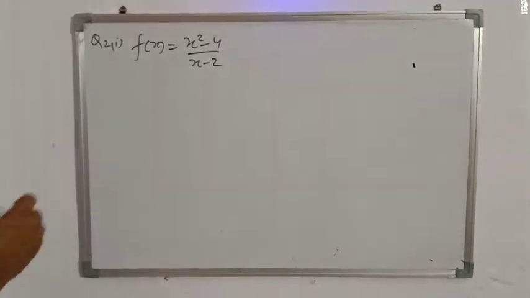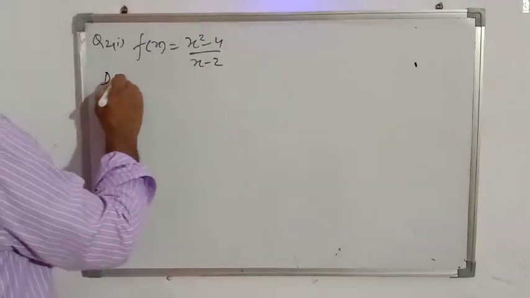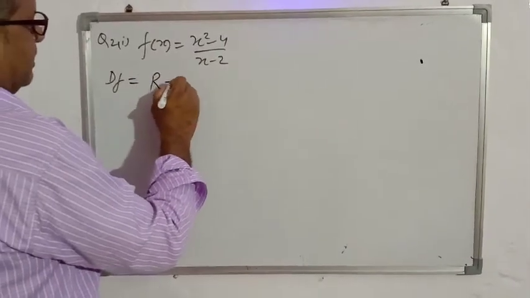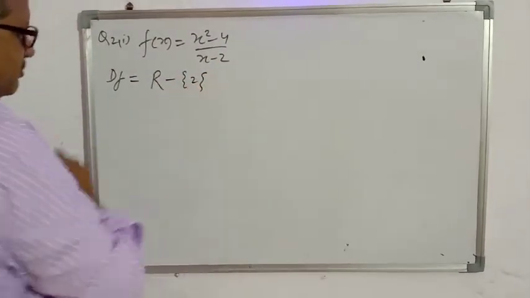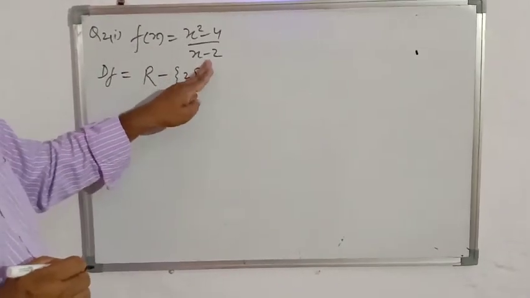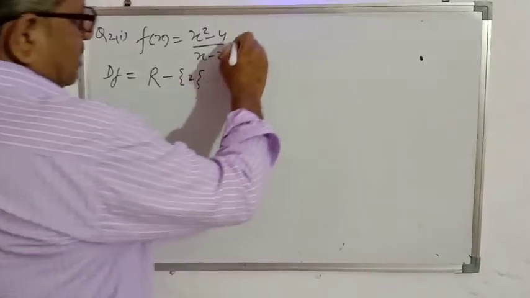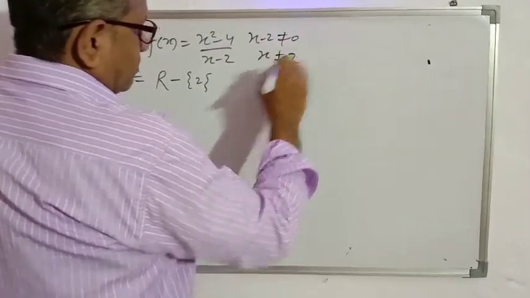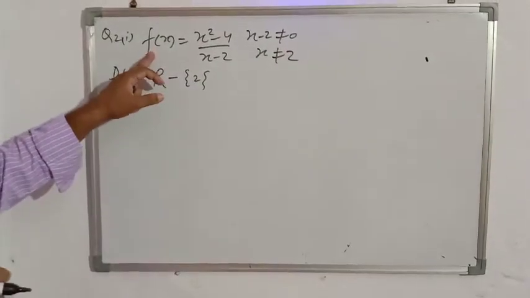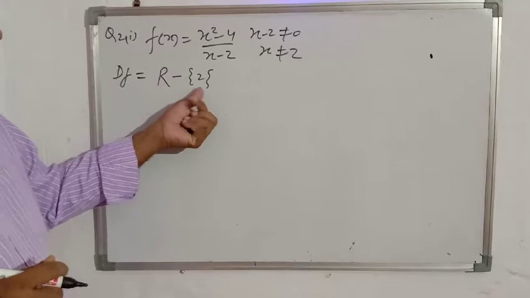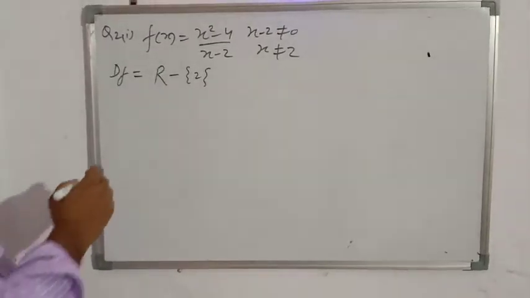Firstly check the domain of the function. The domain of the function is all the real numbers except 2, because for f(x) to be real, x minus 2 cannot be 0. x minus 2 not equal to 0 means x not equal to 2. So the function is defined for all the real numbers except 2.